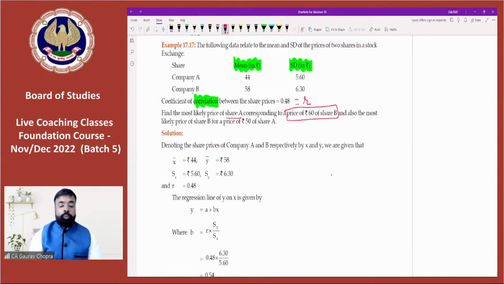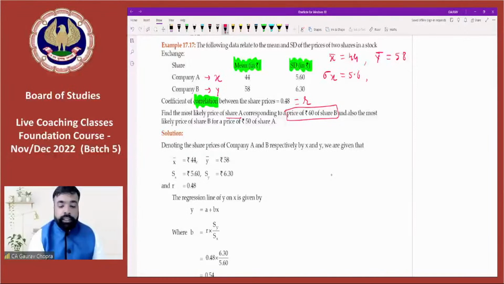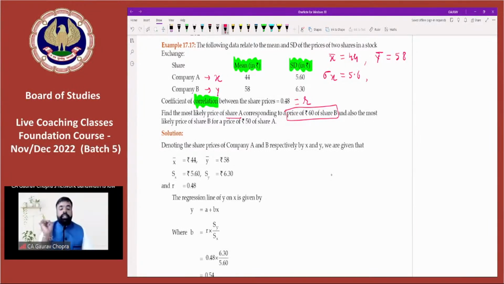Let's write company A is denoted by X and company B is denoted by Y. So we have X bar 44 and Y bar 58. Then the standard deviation of X is 5.6 and the standard deviation of Y is 6.3. This is given.